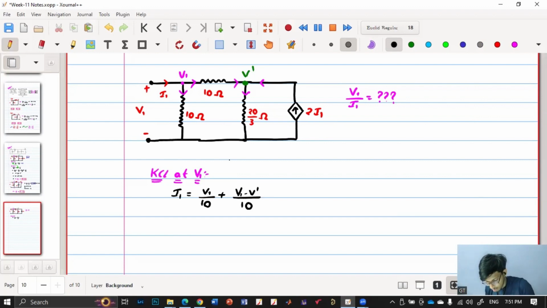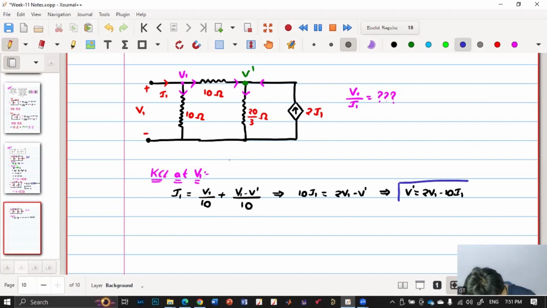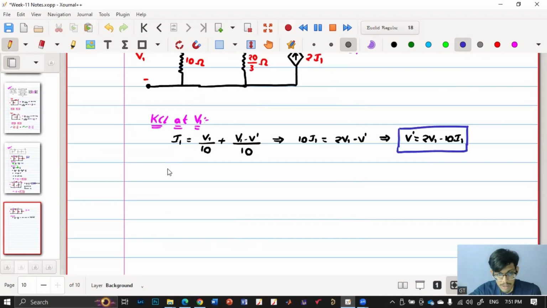So we want in terms of V1 and I1. So from here, you will get 10 I1 is equals to 2 V1 minus V dash. That implies V dash is equals to 2 V1 minus 10 I1. So this is one equation.